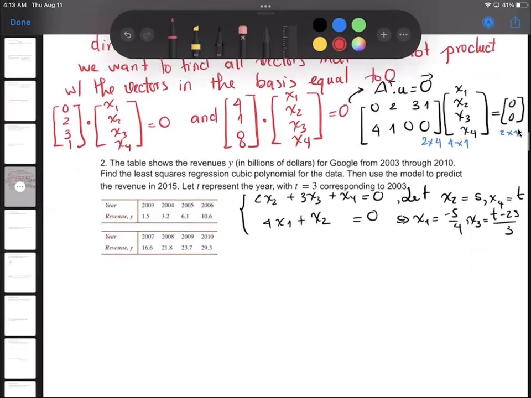All right, so the solution in ordered tuples (x1, x2, x3, x4) is equal to (negative s over 4, s, negative t over 3 minus 2s over 3, t).